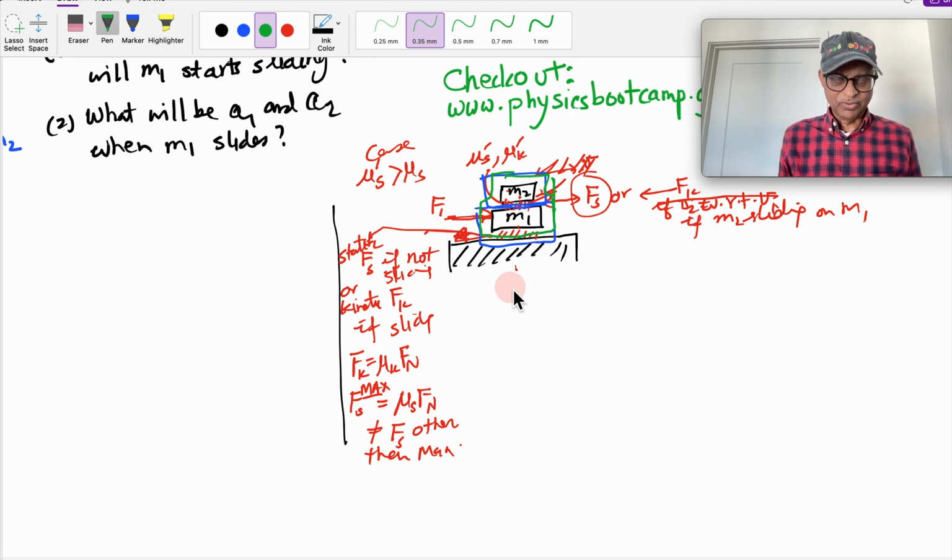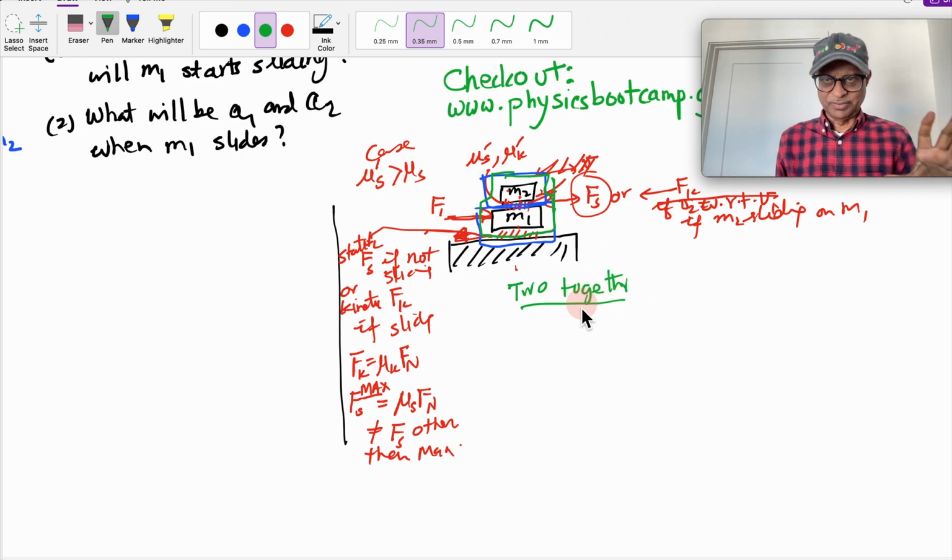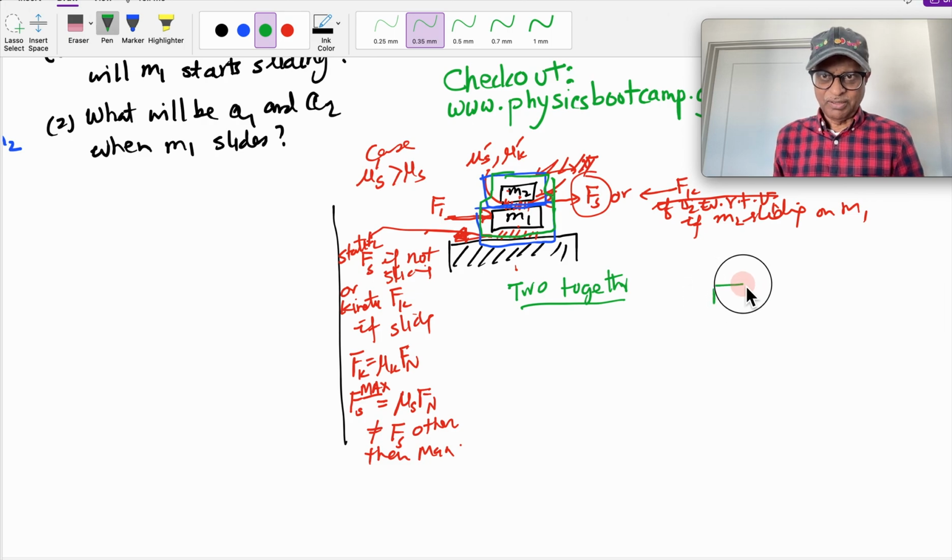So let's see, two together. That's probably the easiest one, looking at a bigger picture, right? So you have M, doesn't matter what's going on inside, this M2, this M1.